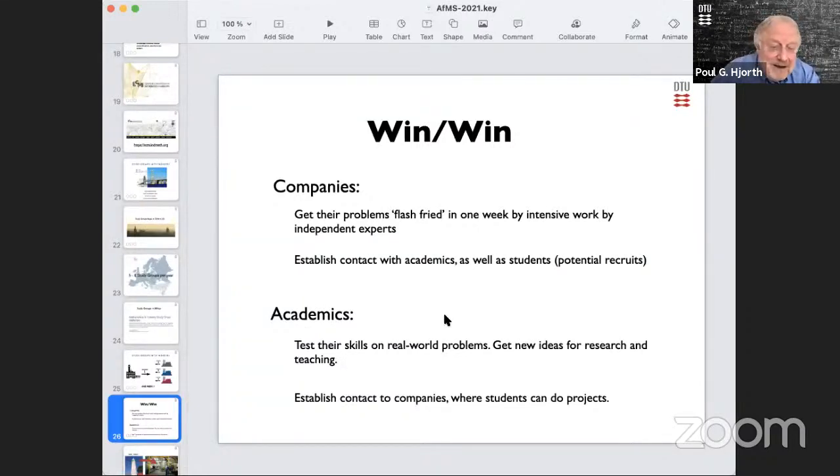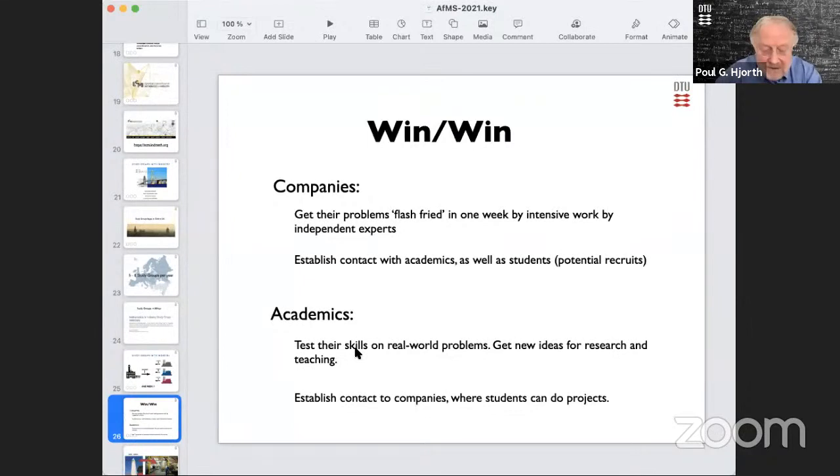From the point of view of the academics, there's the always pressing issue of, if you're so smart, why don't you test your skills on real world problems? And this is an opportunity to do just that, to see if you are really in touch with things that are actually occurring in everyday life, like you tell your students that you are. And you also, from these workshops and this brainstorming, get new ideas for your own personal research and teaching.